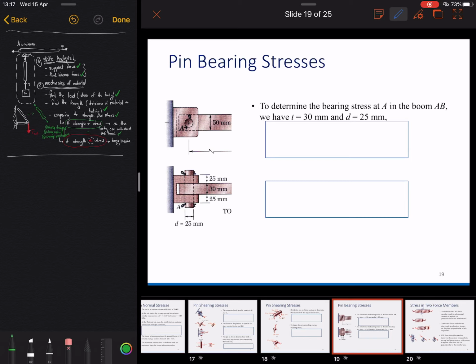And then lastly, last but not least, we have a pin bearing stress. And for this pin bearing stress, we have to find this area here. So the thickness here is 30, use this thickness, and we use these diameters. The diameter here is 25. Okay, this is for the first one, so this is for this pin.